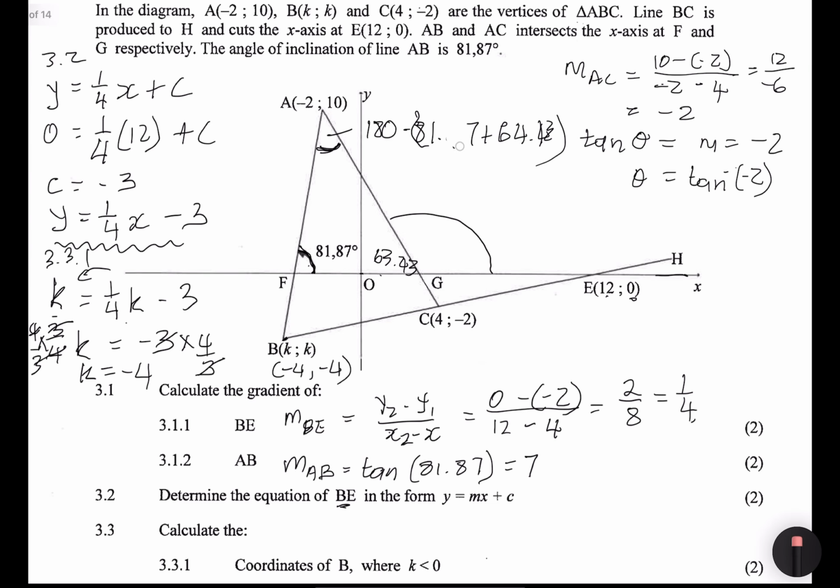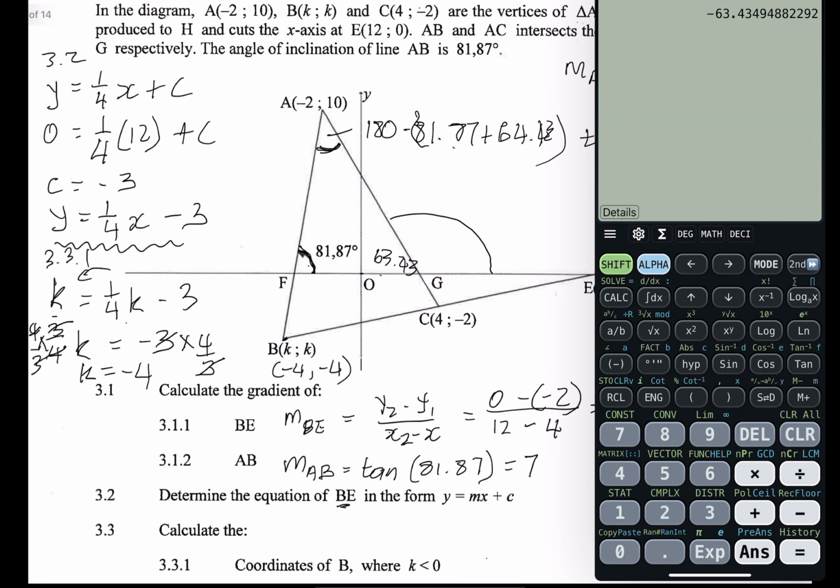So that's 180 minus 81.87 plus 64.43, and I get an angle of 33.7, so it means that the value of A is 33.7.